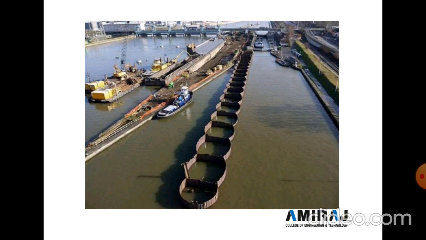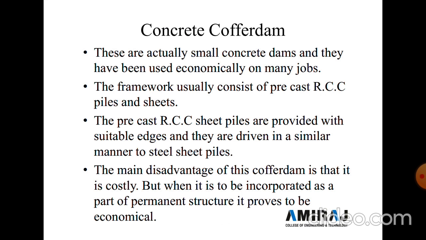Now next is the concrete cofferdam. These are actually small concrete dams, and they have been used economically on many jobs. The formwork usually consists of precast RCC piles and sheets. The precast RCC sheet piles are provided with a suitable edge and they are driven in a manner similar to steel sheet piles.